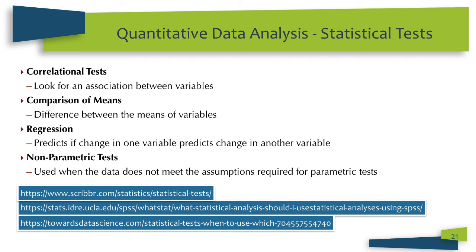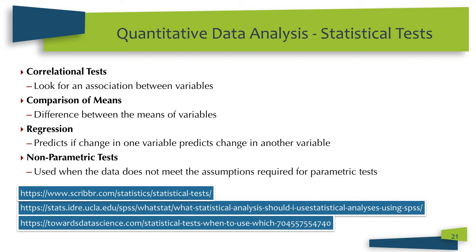And what is non-parametric data? Basically, it is data that does not conform to the data distribution that you are assuming. In most cases, our tests are designed for normal distribution, so non-parametric tests are mostly the tests where the data is not normal.